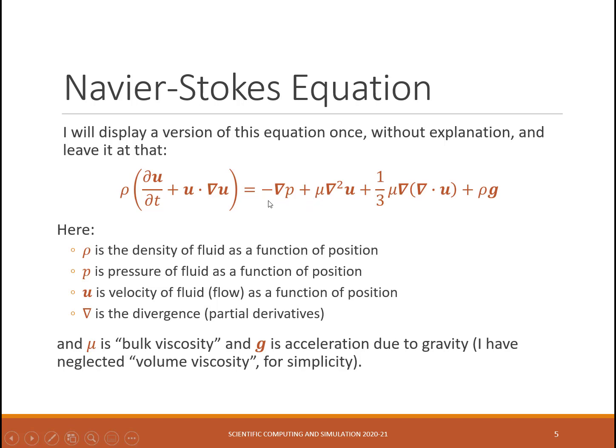All are defined as functions of position. The nabla symbol here represents divergence, where the divergence of a function is equal to the sum of its partial derivatives. So, as presented here, the equation formulates the motion of fluid substances using a set of partial differential equations.